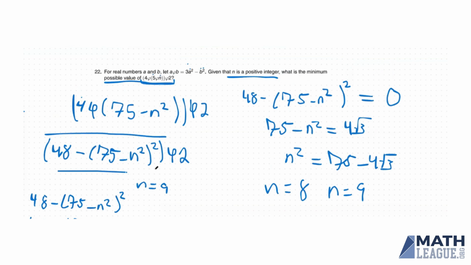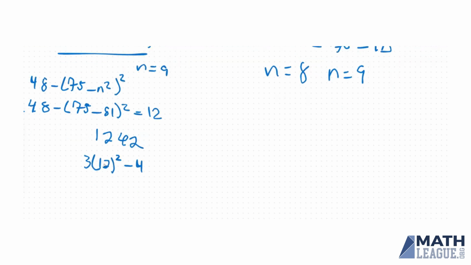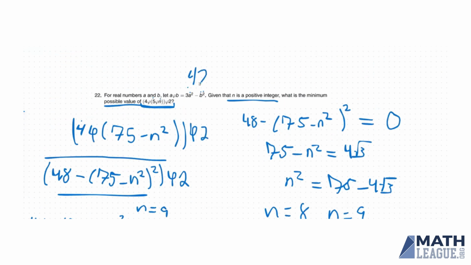So this entire inner expression is just 12, and we just need to evaluate 12 phi 2. So 3 times 12 squared, minus 4. We get 3 times 144, which is 432, minus 4 equals 428. So the answer to this question was 428.